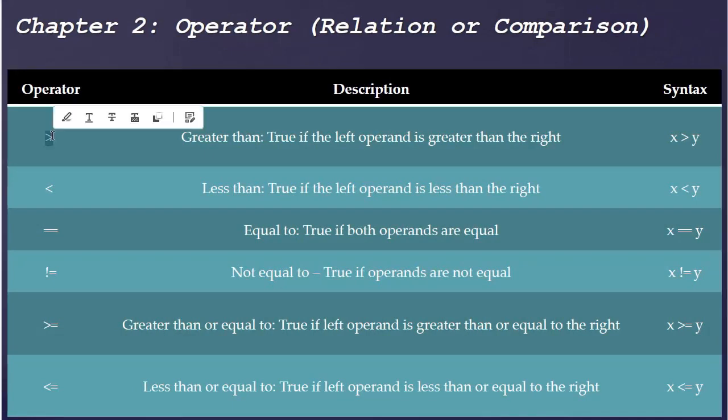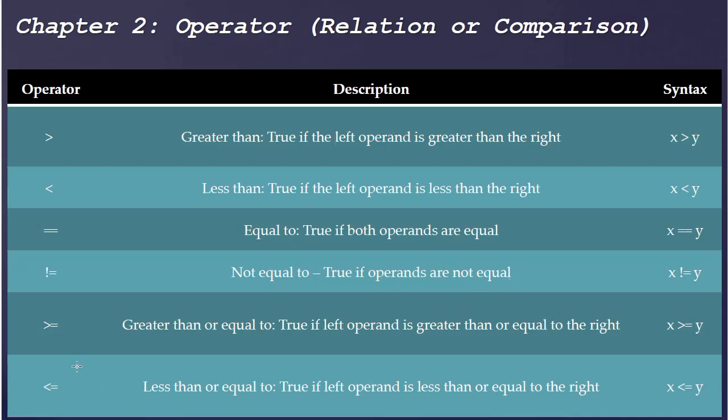For example, greater than is true if the left operand is greater than the right. Similarly, less than is true if the left operand is less than the right. And equal to is true if both operands are equal. And not equal to is true if operands are not equal.